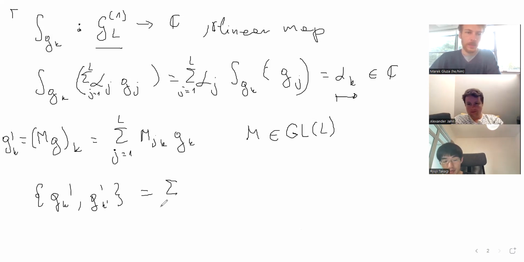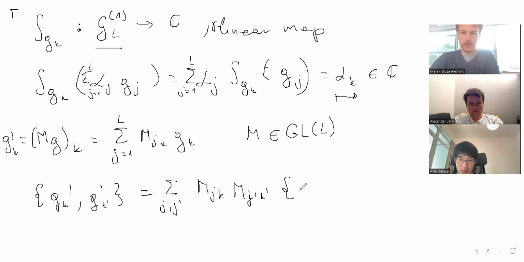A simple computation, J prime, M J, M J, yeah, that's the dummy index here for the summation J K. And the second one with the J primes, K prime. And because of the linearity of the anti-commutator, we have the anti-commutation here. And they are all anti-commuting, so we get a 0.